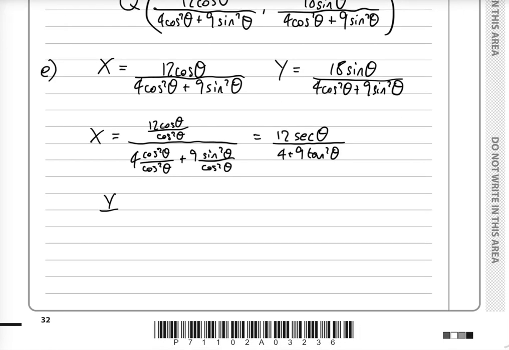So if I do y divided by x, we get 18 sine theta with the denominator divided by 12 cos theta with the same denominator. The denominators cancel and we get 18 sine theta over 12 cosine theta, which of course is 3 over 2 tan theta. Now we can substitute that by rearranging.